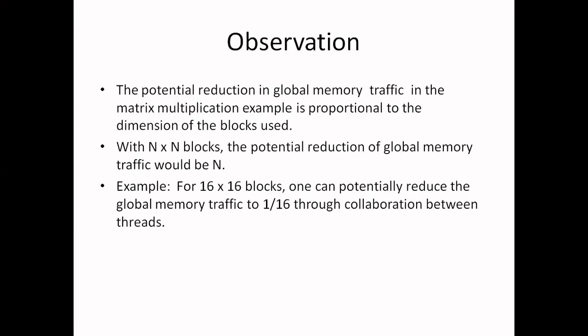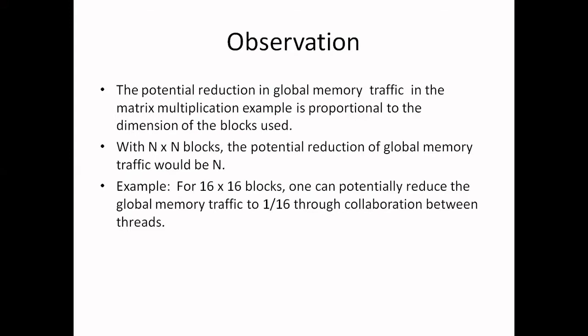If the block size were 3 cross 3, the data would be used 3 times. Similarly, if the tile we are building is n cross n, I should say the block size is n cross n, then we will be able to reduce the global memory traffic by n times.